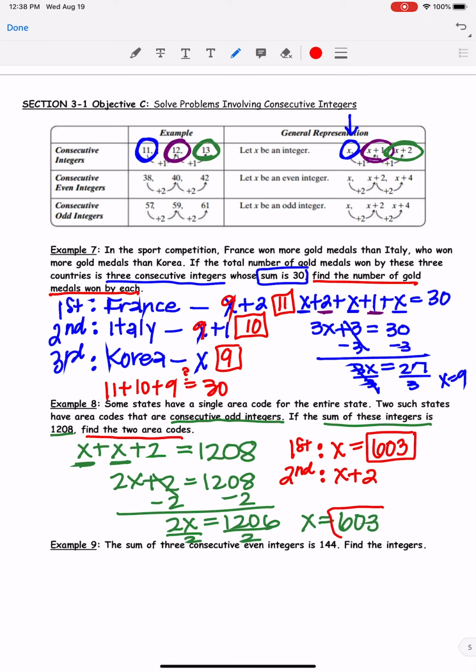So if you plug 603 into x, that makes that 605. Okay, and again, you can check this, right? They are consecutive odd integers. And 603 plus 605 is 1208. So it works again.